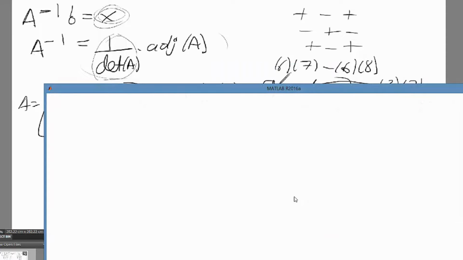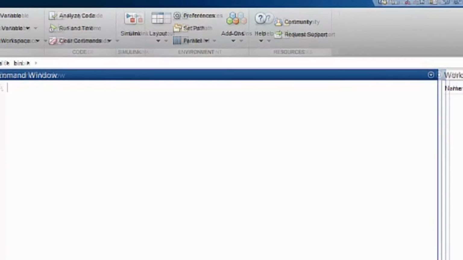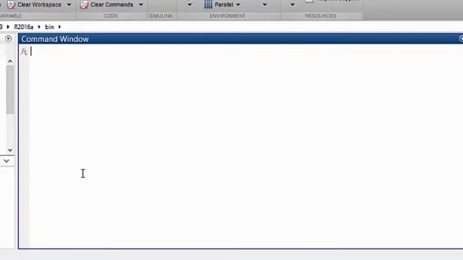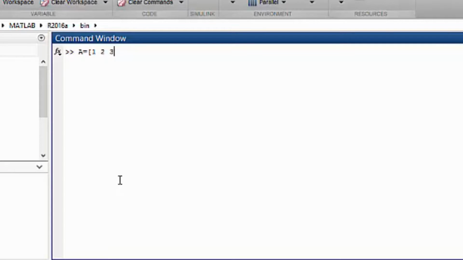As I said earlier, I am a big fan of MATLAB. It's really useful for dealing with matrices and any kind of matrix operation. So we let A be that matrix. And then, yeah, MATLAB is so powerful.